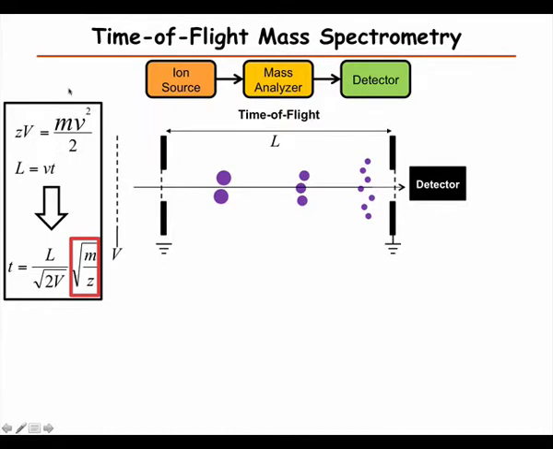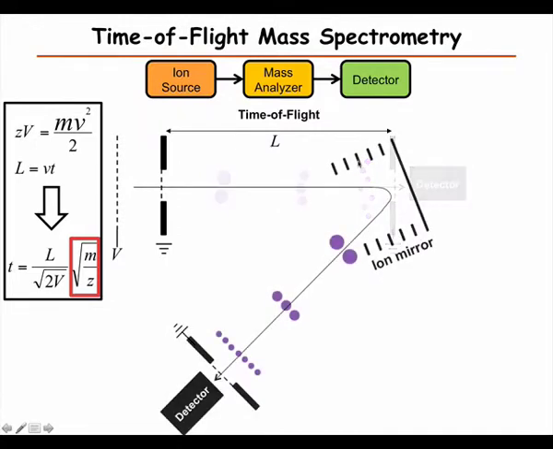Now, often the particles don't always have the same initial velocity, so they will not arrive at exactly the same time. One way to improve that situation is to turn them around in what's called an ion mirror. It's also a linear electric field.